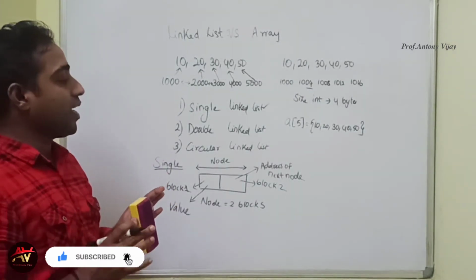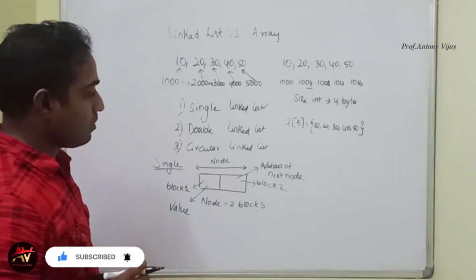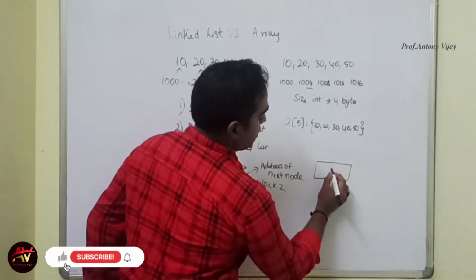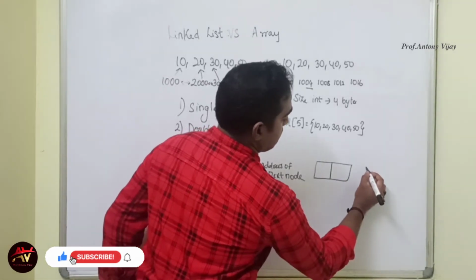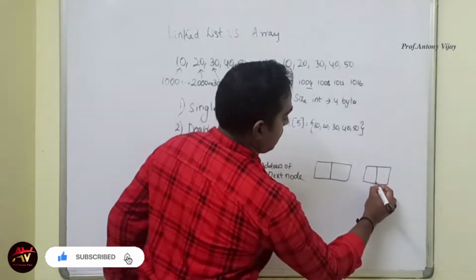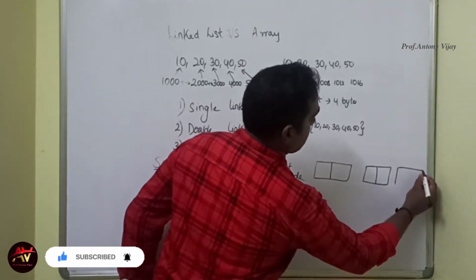I am going to explain with a small example. So I am taking 3 nodes. This is the first node, this is the second node, and the third node.